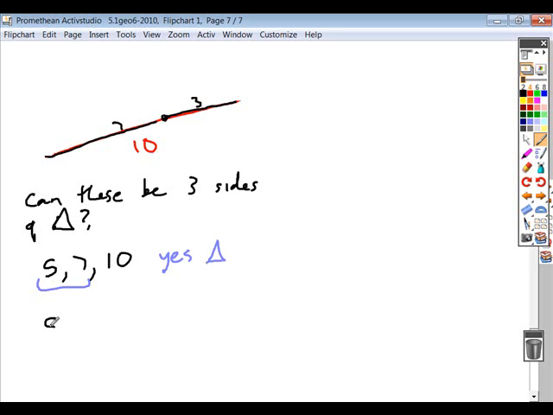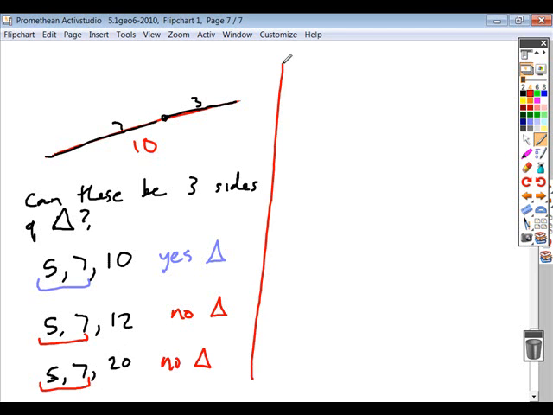What if your two sides are exactly equal to the longest side? If they're equal, it'll just be a straight line, so it cannot form a triangle. And the final case, if your two sides are smaller than the third side, they're not even going to enclose a space, so they cannot form a triangle. Does that make sense how you could test those? So that's the straightforward aspect of these.